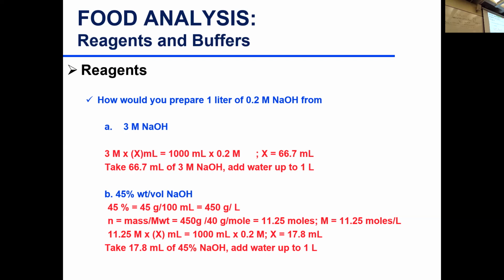For B, instead of solving for 1 liter, let's say we were solving for 100 milliliters. Instead of putting 1,000 here, you put 100. Or sometimes you're preparing 250, or 500. So like you gave us, it was 45 grams per 100 milliliters.